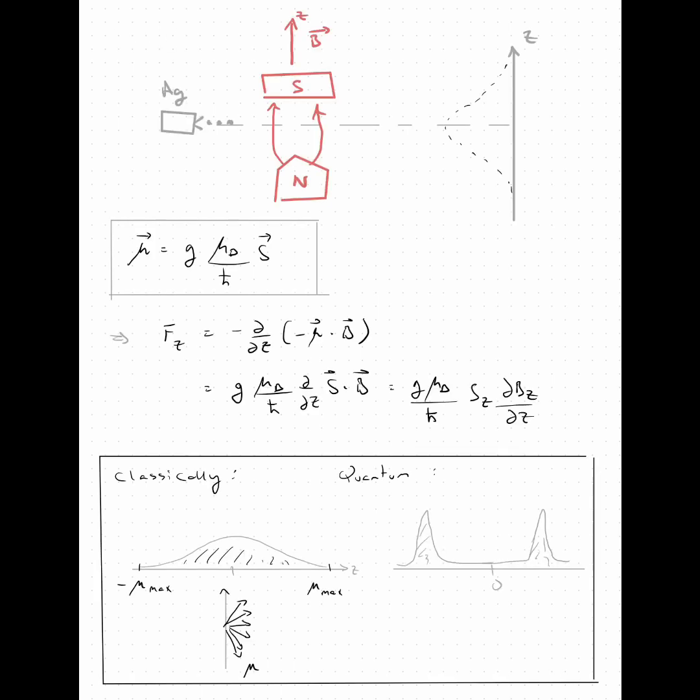And guess some behavior for eigenvalues of S_z. Let's say that they behave a lot like L_z, which is a good guess to make starting out. So we have from before this expression.